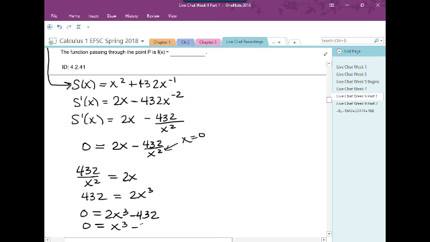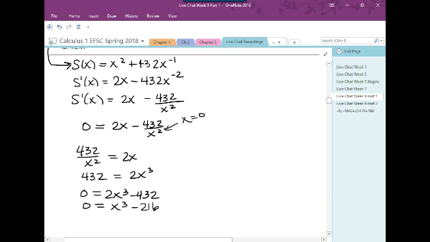216. Is 216 a perfect cube? Because then we have a difference of cubes, so that would factor nicely. Yes, it's 6 cubed. So we have 0 equals x cubed minus 6 cubed.